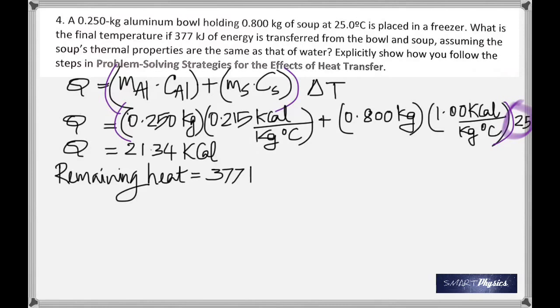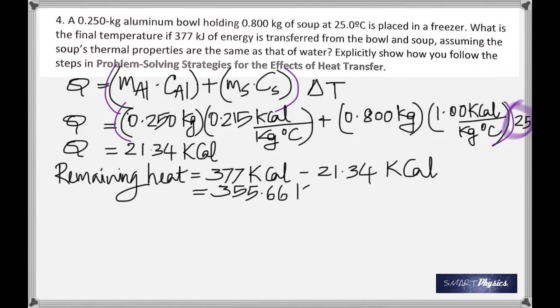Only 21.34 has been used for this decrease from 25 to 0. Are you with me on that? So the amount of heat remaining is 377 take away 21.34, which is 355.66 kilocalories remain.